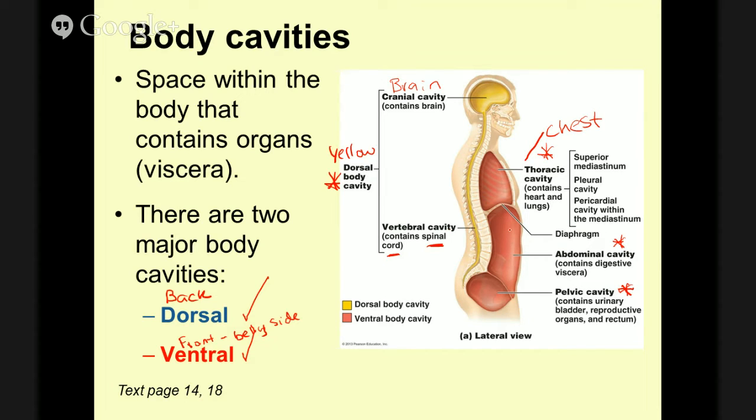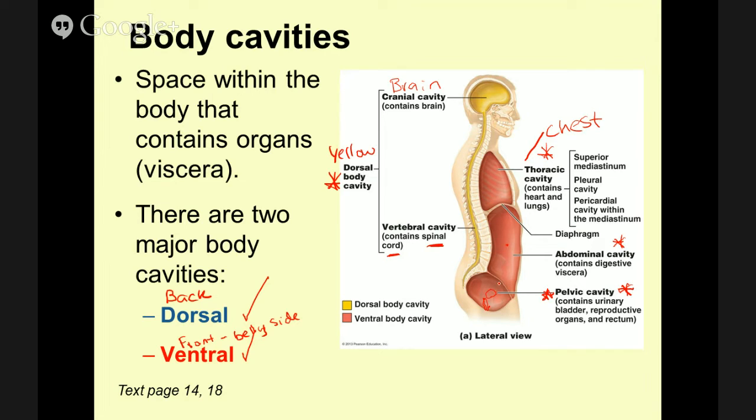The abdominal cavity is in here, so all your digestive system is inside this abdominal cavity. Then as you move down lower, you've got the pelvic cavity, where you're going to find your bladder, your uterus, your rectum. All these structures are going to be in the pelvic cavity.